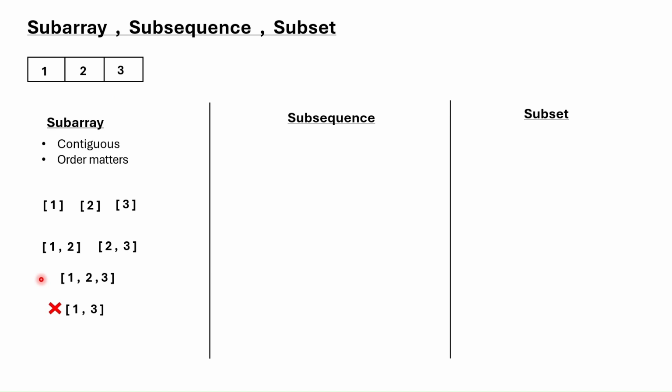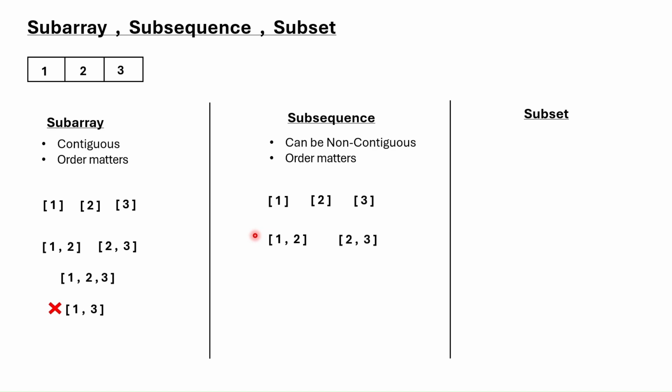Let's now look at subsequence. What we know about a subsequence is that it can be non-contiguous, but its order matters. So let's print the subsequences. 1 can be a subsequence, 2 can be a subsequence, 3 can be a subsequence, 1 2 can be a subsequence, 2 3 can be a subsequence, 1 2 3 can be a subsequence.